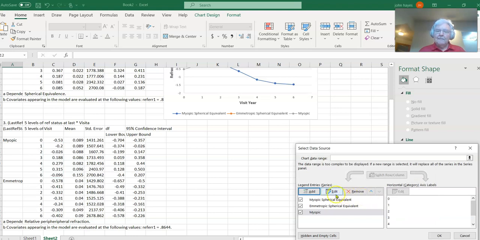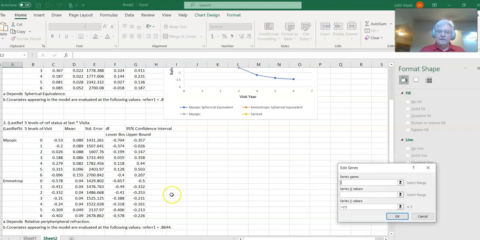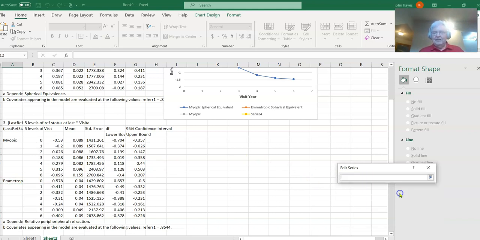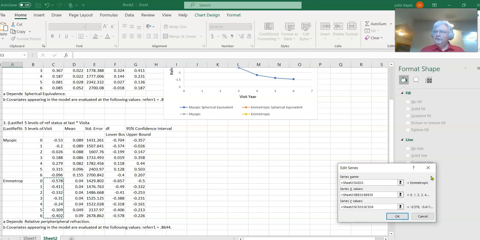Okay. Let's add emmetropic. Now notice I'm highlighting the cell here rather than typing. That's because I can go back and change that cell and it will carry on to the chart. If I type it in, I don't get to easily modify it without going through select data. So let's do the visit. Y. Okay.